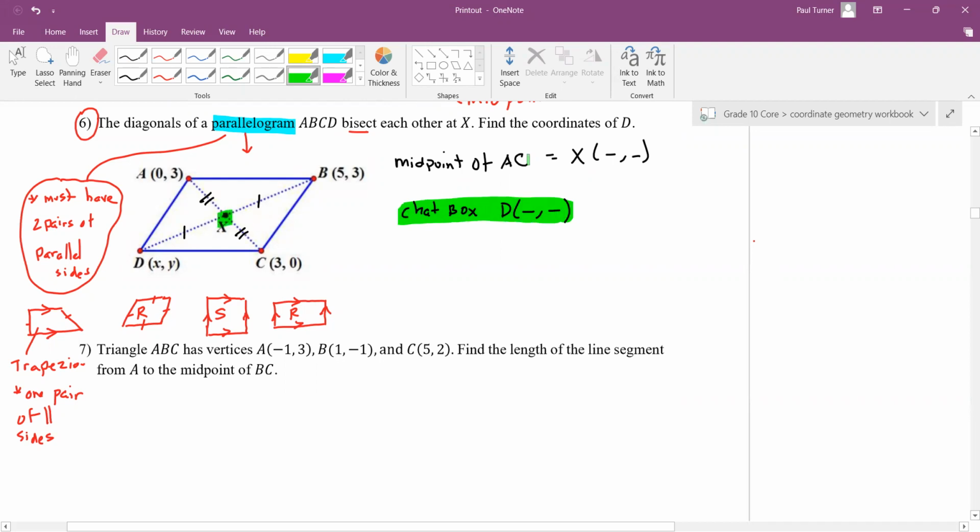So get x first here, and then use this midpoint to get D. And that x is also the midpoint of DB. All right, do that for a few minutes. And then we'll look at some other ones further down here. So you can work a bit today because these are kind of long questions. So try that. And then we'll do the answer in a minute.